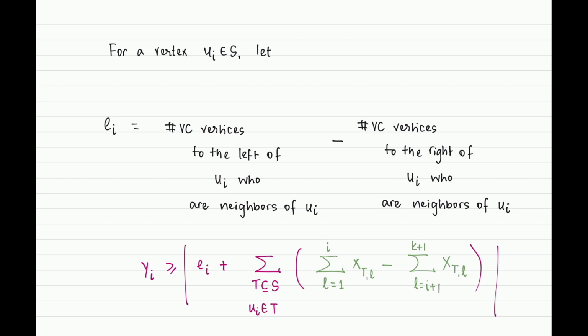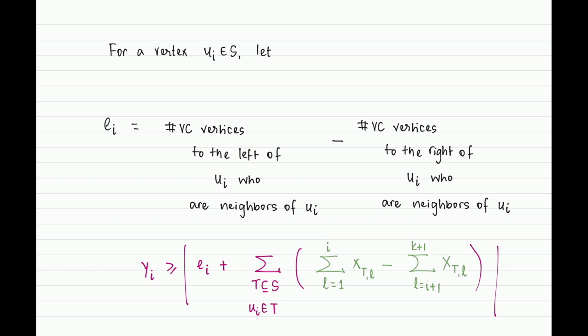So yi is going to capture the imbalance of the vertex UI, and so here this constraint is basically saying that yi is at least this. Ultimately we will throw yi's into our optimization objective so that the summation of the yi's gets minimized, and therefore this inequality will really become tight. Once you have a valid solution that's also optimal, yi will end up capturing the exact imbalance of the vertex UI.